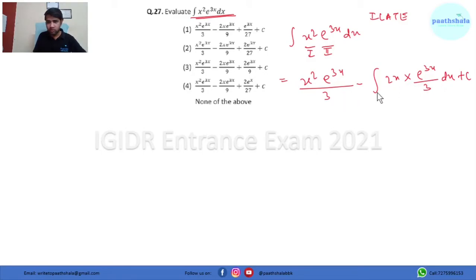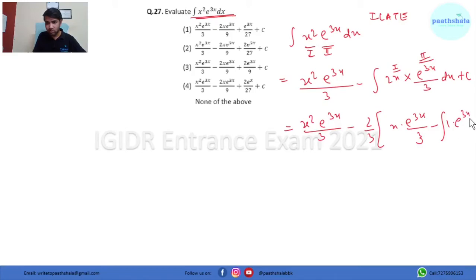Okay, now we have to integrate this. Here again you can take x as the first function and e to the power 3x as the second function. So this will be x square e to the power 3x upon 3 minus, you can take 2 by 3 outside, and when you integrate this, this will be x into e to the power 3x upon 3 minus the differentiation of the first function, that is x, which is 1, and the integration of the second function, that is e to the power 3x upon 3.